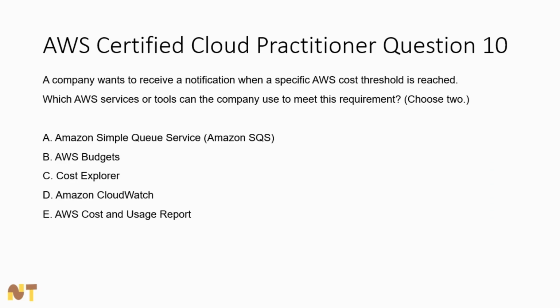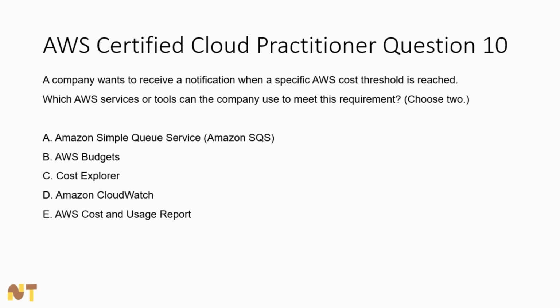A company wants to receive a notification when a specific AWS cost threshold is reached. Which AWS services or tools can the company use to meet this requirement? Choose 2. Amazon Simple Queue Service, AWS Budgets, Cost Explorer, Amazon CloudWatch, or AWS Cost and Usage Report.